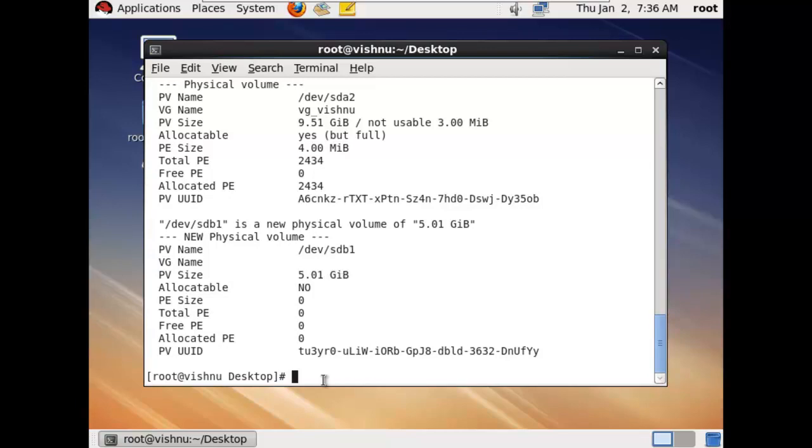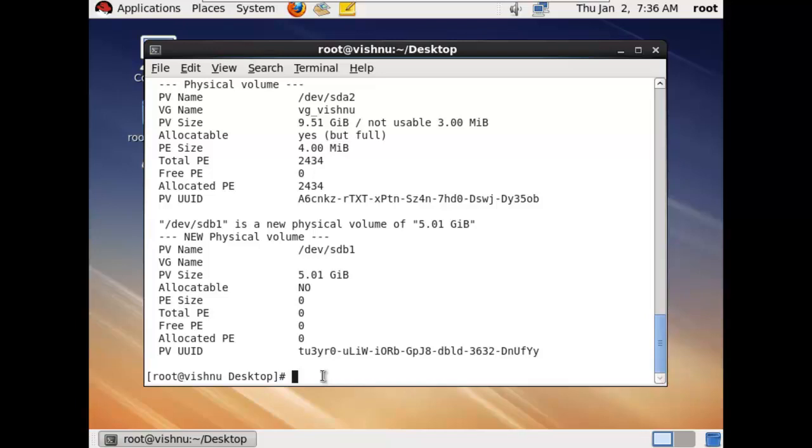Okay, now guys, what we have to do, we have to add this PV into the same VG, or you can say the volume group of which the root volume is also a member, or you can say the root drive or LV_root is a member of that same VG.